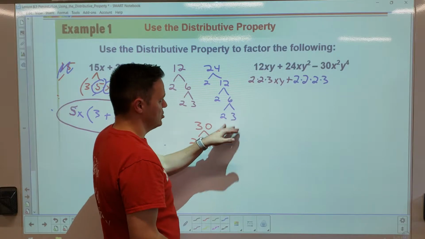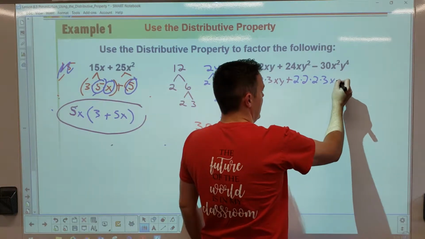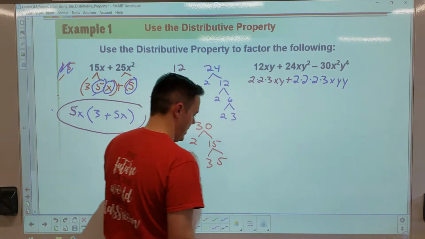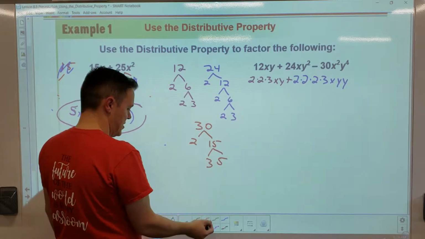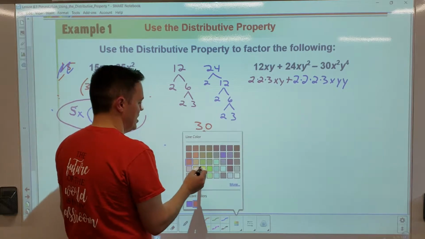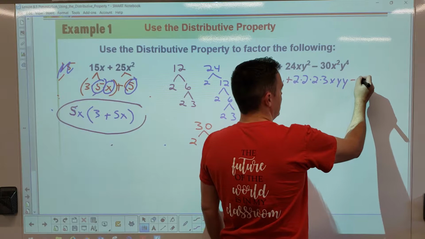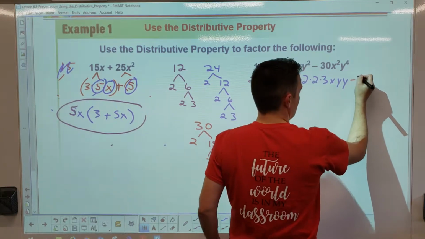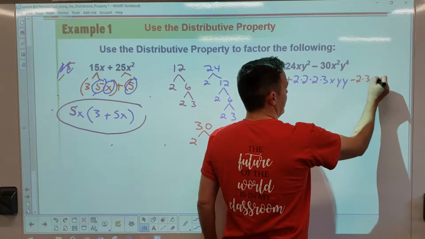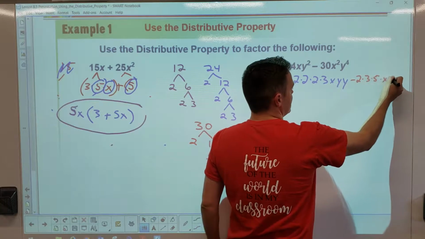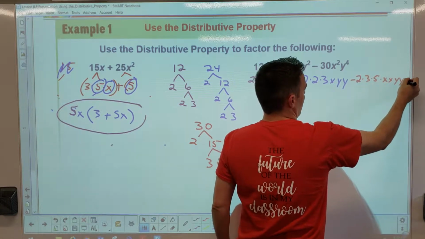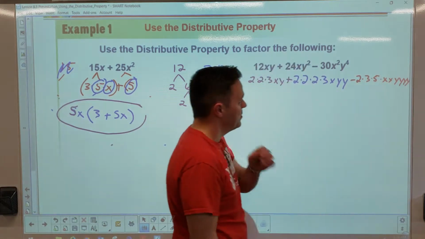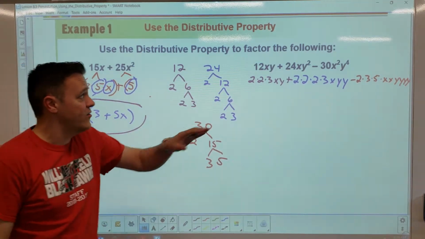And then I got an x, and I have 2 y's, right? And then, ladies and gentlemen, my last piece, I put it in red. So let me change 30 to red. It's minus, and I got a 2, 3, 5, and then I have 2 x's and 4 y's. Woo, I fit it. Okay, so now that's basically this factoring all the way out.